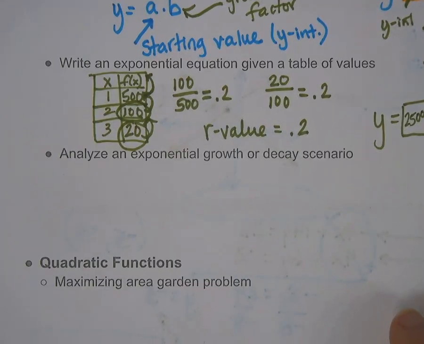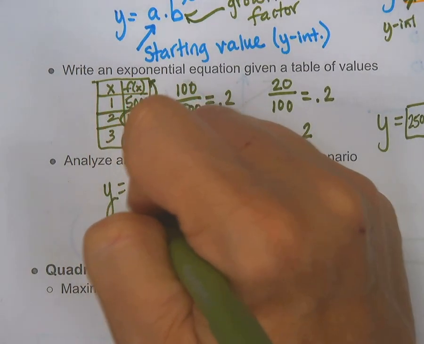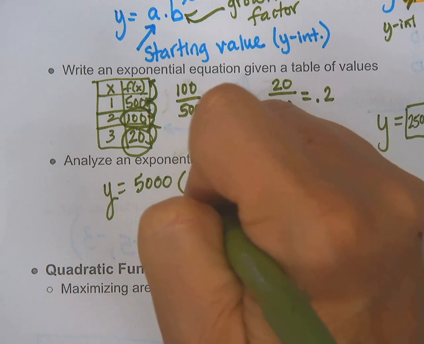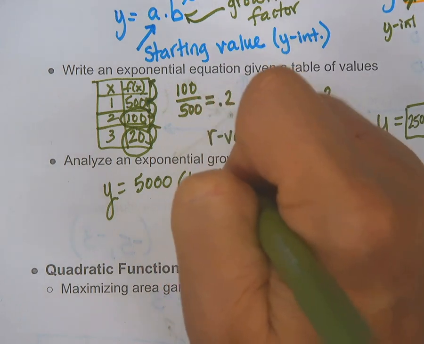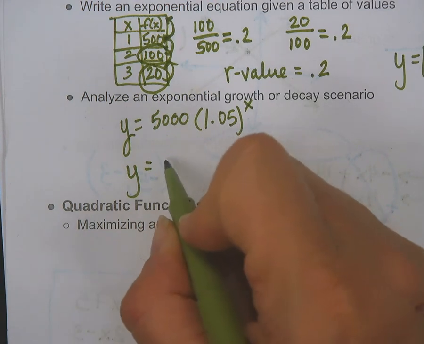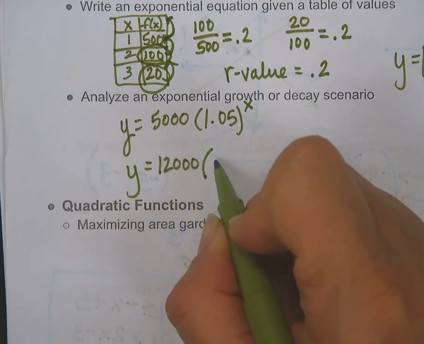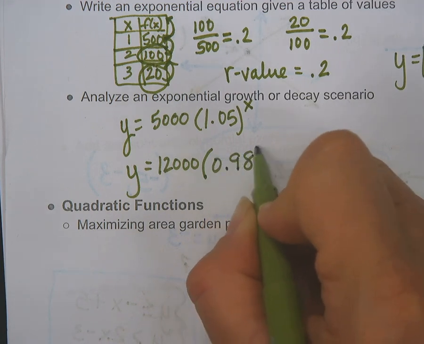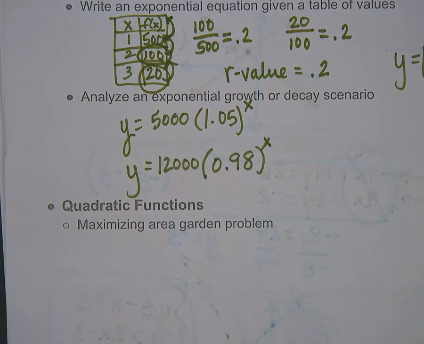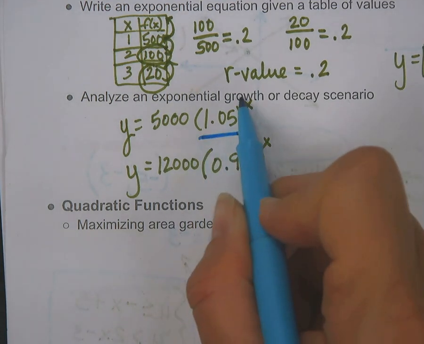Okay. All right. You will be given a scenario like our population growth. We did uptown and downtown, 2 different towns. And you have to, by looking at the scenario, decide, is it exponential growth or is it exponential decay? And the way you do that is by looking at this number.